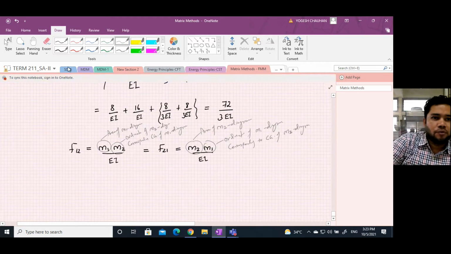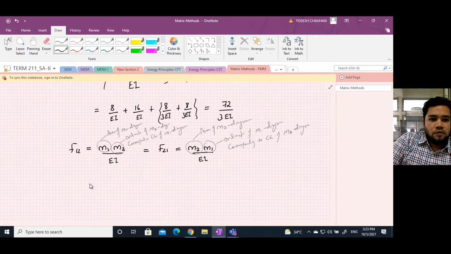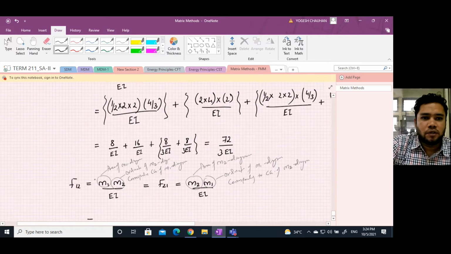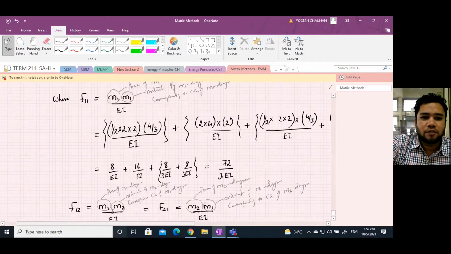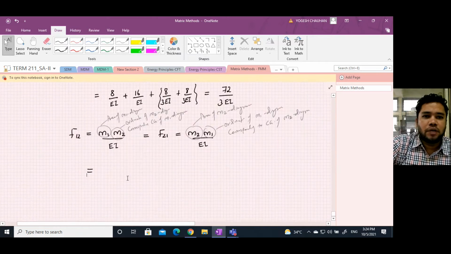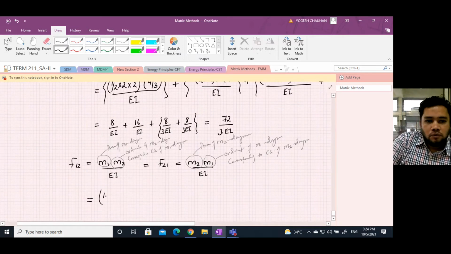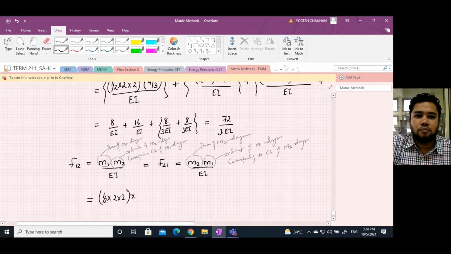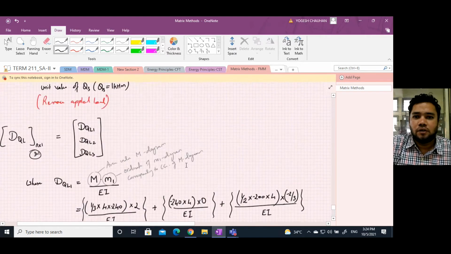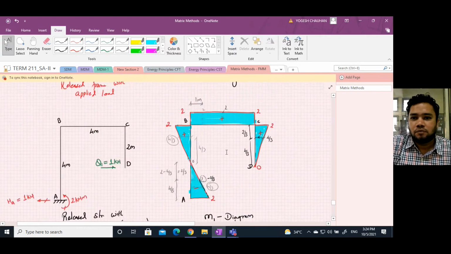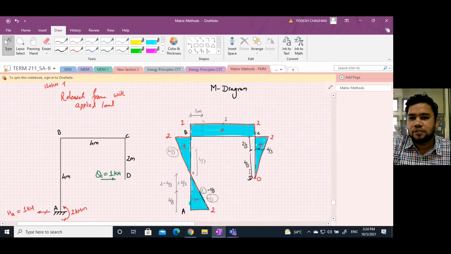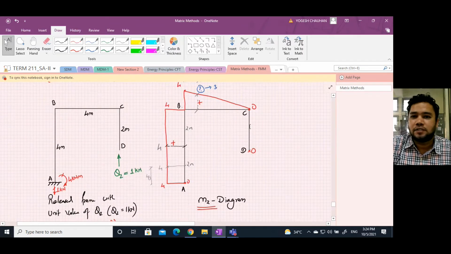So let us find F12. So the area of the M1 diagram will be the same because we have already calculated M1. So it will be 1 by 2 into 2 into 2. But this time you have to take the ordinate in the M2 diagram. So for this diagram, the CG is at a distance of 4 by 3 from D. So the corresponding ordinate in the M2 diagram is 0. So multiplied with 0.